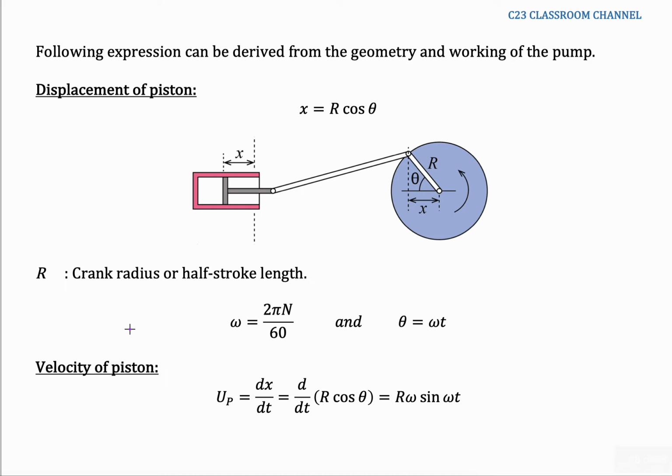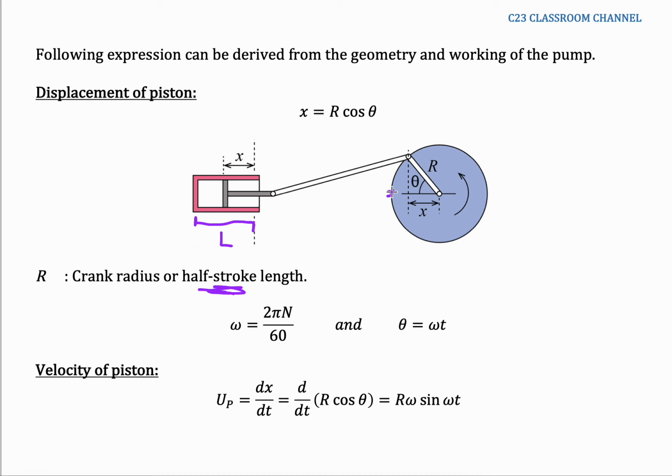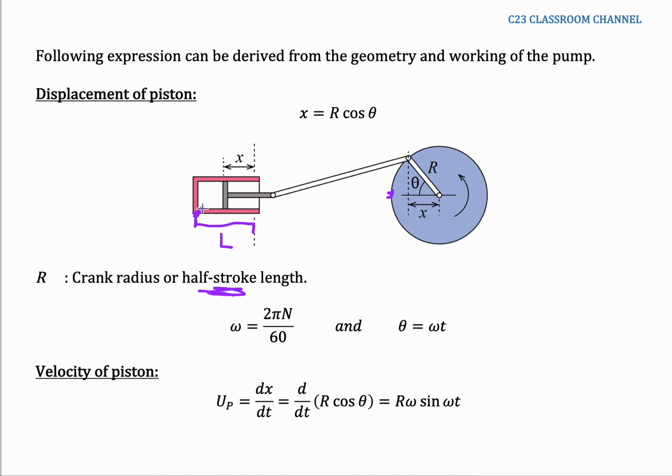And then the R here is the crank radius. The R is equal to half of the stroke length. The stroke length is from here to here, which means the value of L. If the crank is at this point, the piston is at this point; if the crankshaft is located at this other point, the piston is at that point.